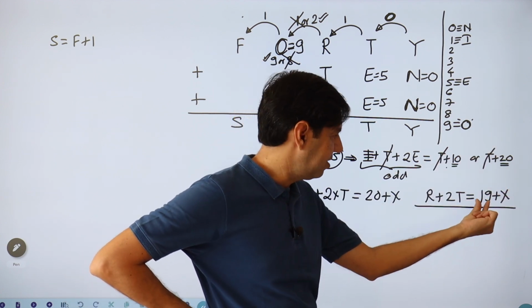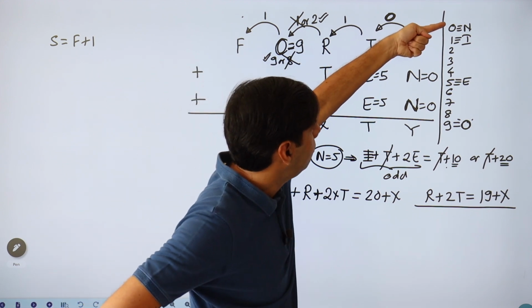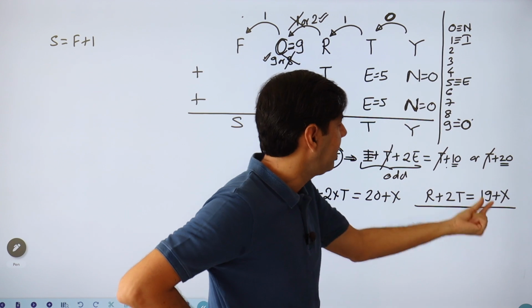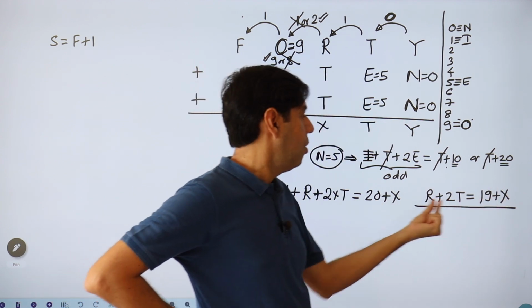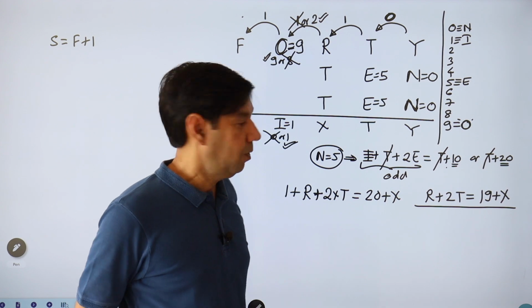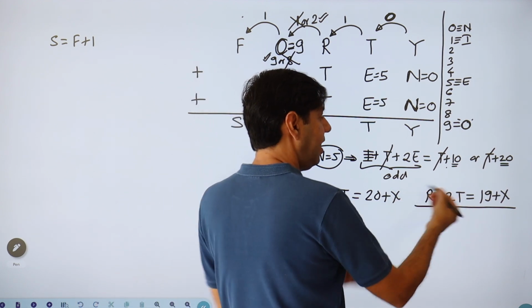The number here is only 19. X can't be a 0. X can't be a 1. That's already taken. So 19 plus 2, 21. So this has to be more than or equal to 21.